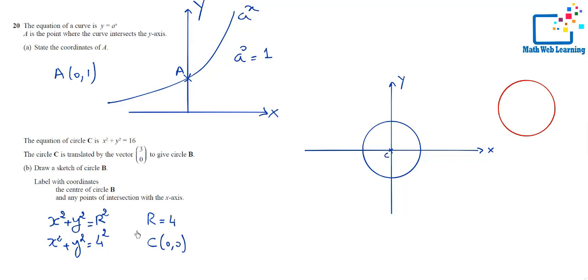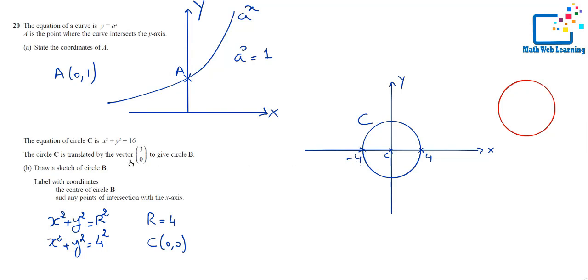Now we should call it O. That's all right, let's call it C. Now this circle here, we label it capital C. Now the radius of the circle, I should say, is 4. So this point here, because they want us to write down the intersection with the x-axis, we have this one and this one there. So this one is positive 4, this one is negative 4.